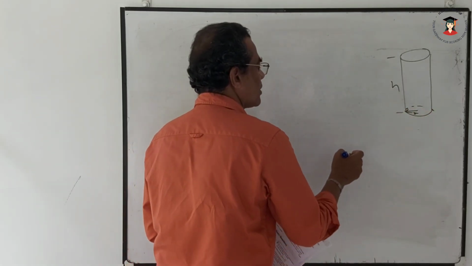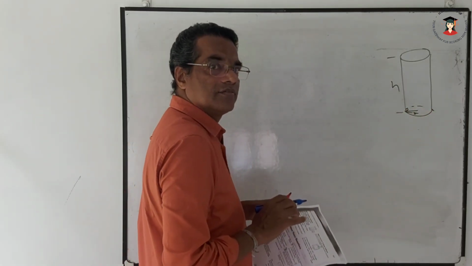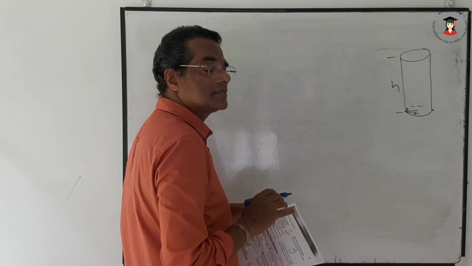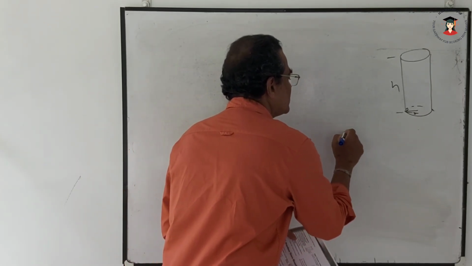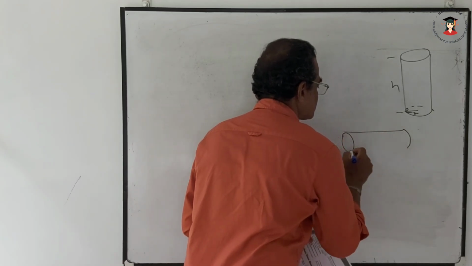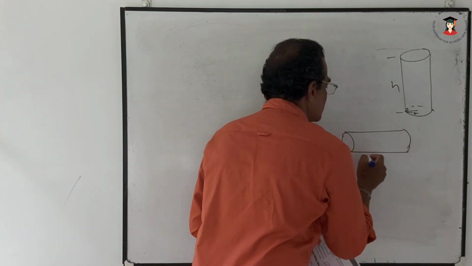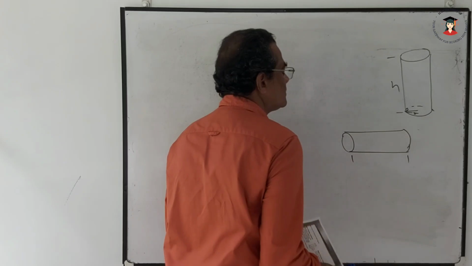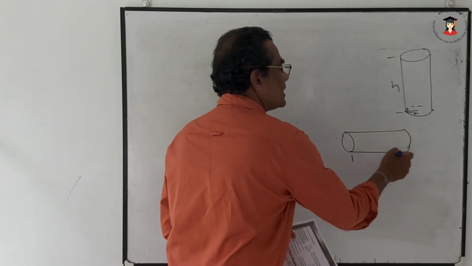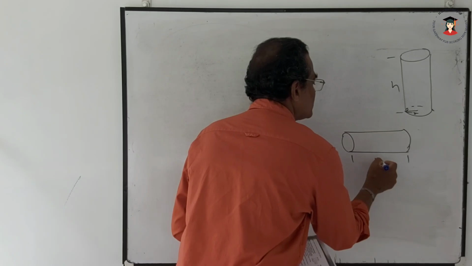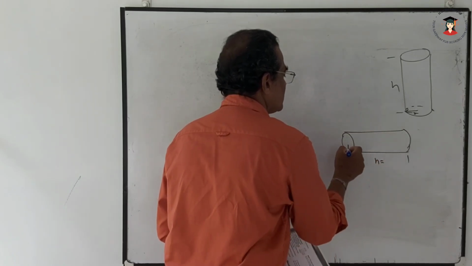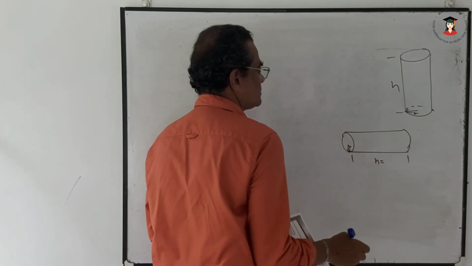But as far as a roller is concerned, we need to level a surface. We use the roller. So the roller is placed like this. The height means the length here. So we need to take h like this, and this is the radius.